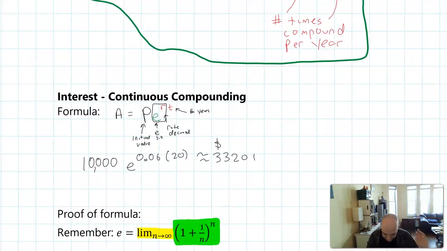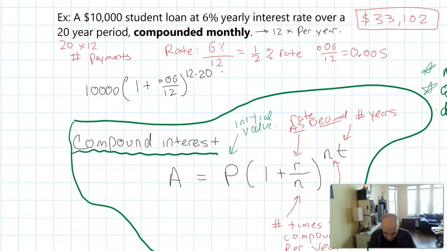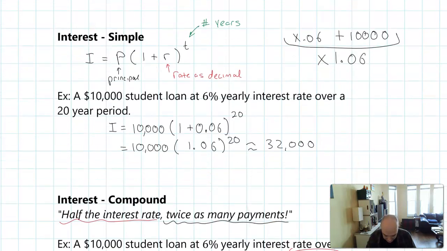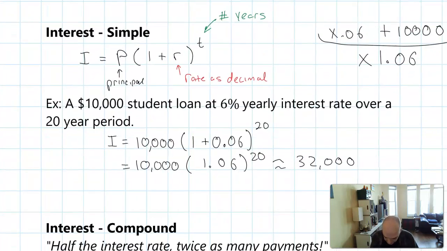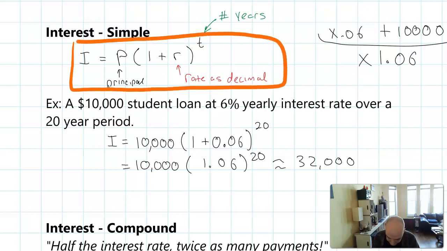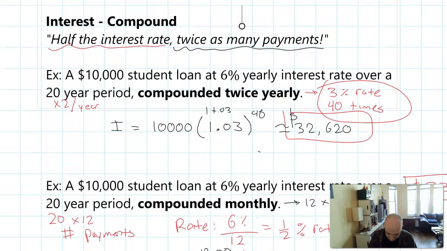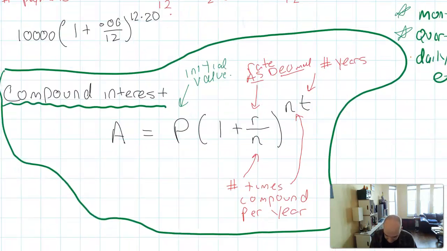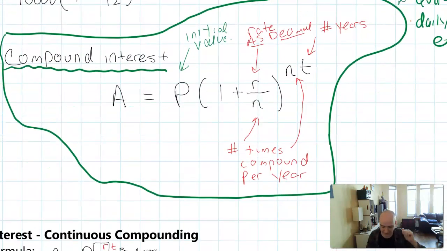All right, so to recap this short-ish video, we have 3 types of interest. We have simple interest, which is just 1 plus r to the t times the initial value. We have compound interest, which involves splitting up that interest rate and then increasing the exponent to match.